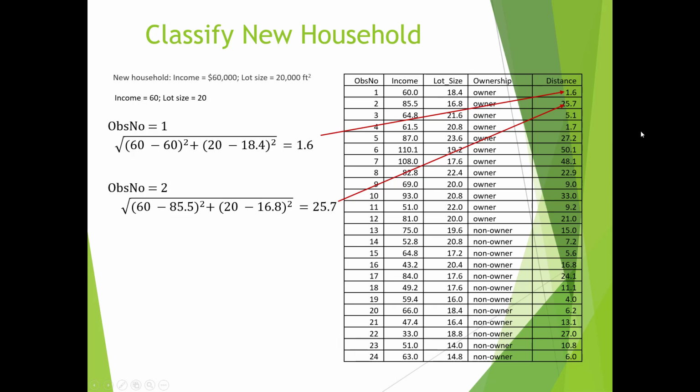And then the second observation, do the same thing, you get a distance of 25.7, and so on, right? After that, you sort this data by distance in ascending order.